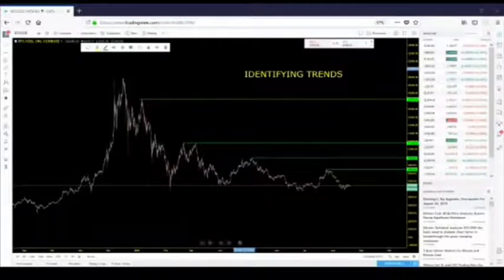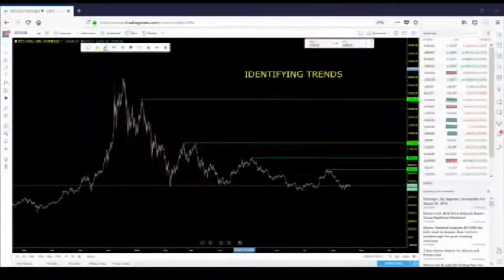We don't want to take positions against the trend. So this is how we would conduct identifying whether it's an uptrend or a downtrend, so ultimately you can get on those continuation opportunities.